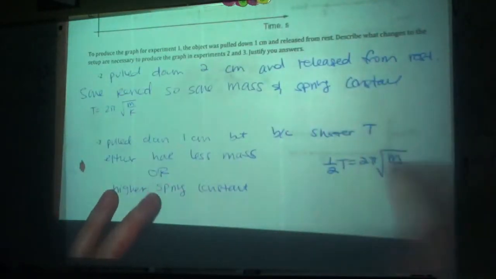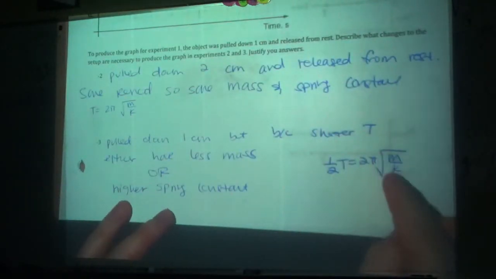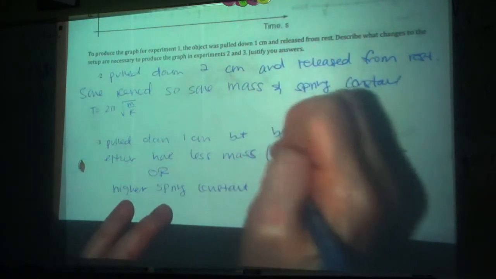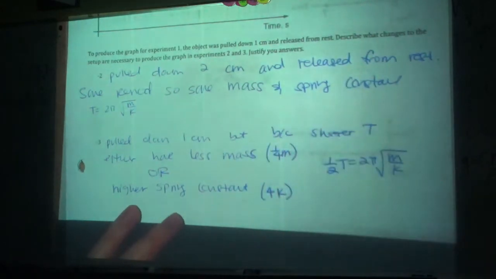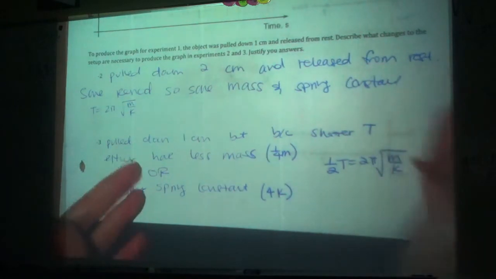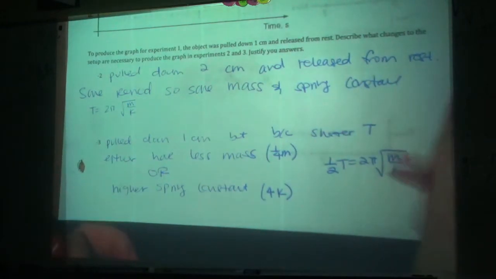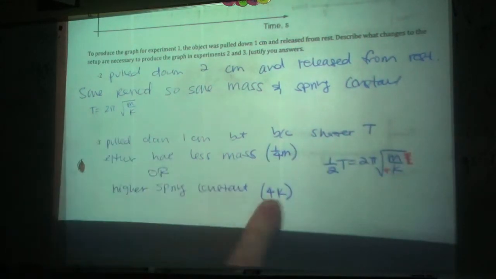So if you want to have half the period, we do not want to halve the mass or double the k, because that is inside of a square root, so it would have to be 1/4 the mass or 4 times the spring constant, because then a 1/4 right here would get square rooted and have a factor of 1/2, or if you had 4 on the bottom, that would be the square root of 1/4, which would be 1/2. So either 1/4 the mass or 4 times the spring constant.